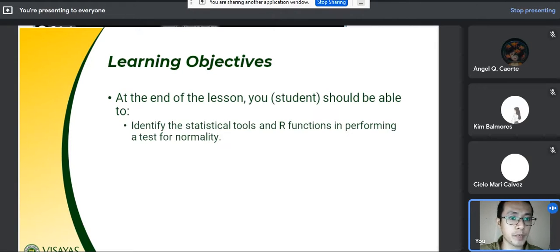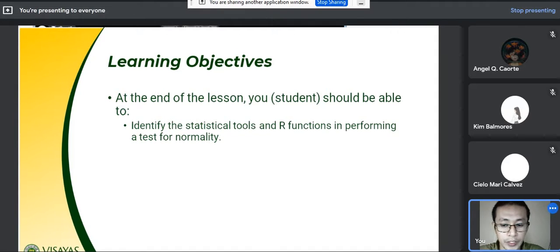Each of you, class, must be able to identify the different statistical tools and R functions used in performing a test for normality. So in this lesson, class, you will learn what are those statistical tools used to perform the hypothesis test for normality.